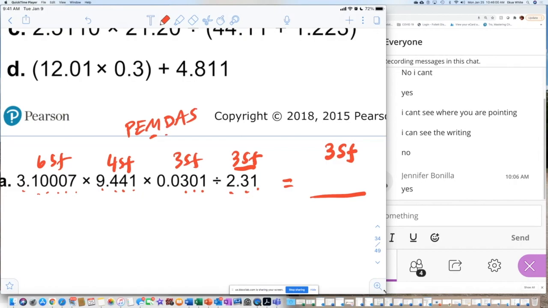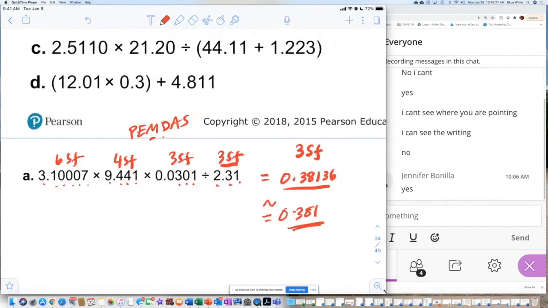And then I divide by 2.31. So I get 0.38136, and the number goes on. Only 3 of these numbers remain. So when I approximate this out, I end up with 0.381. Okay? So that's it for my first number.